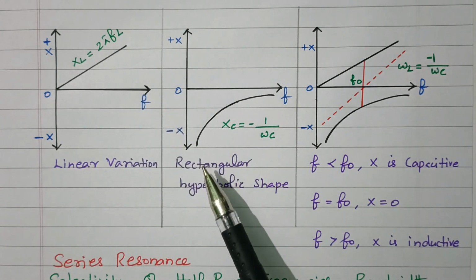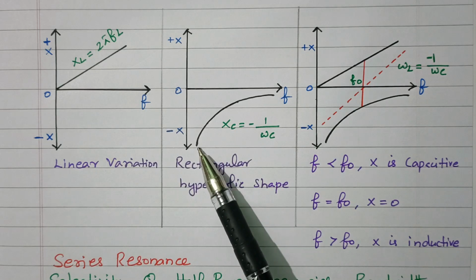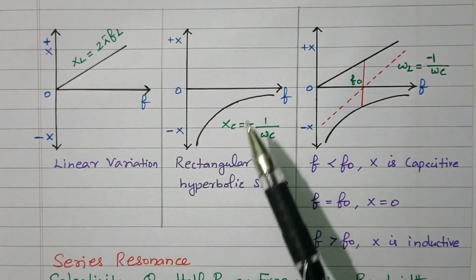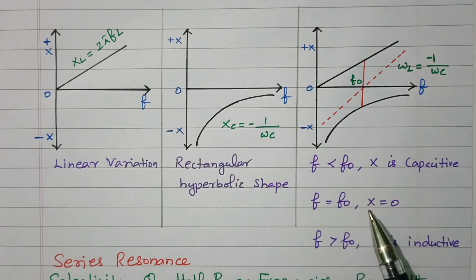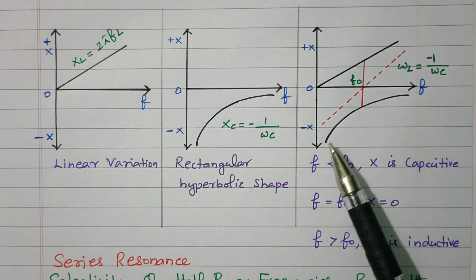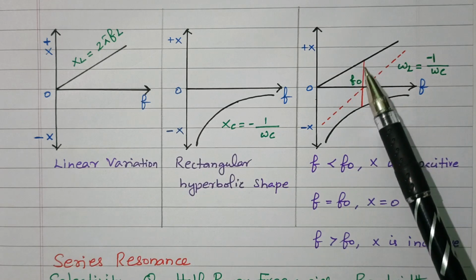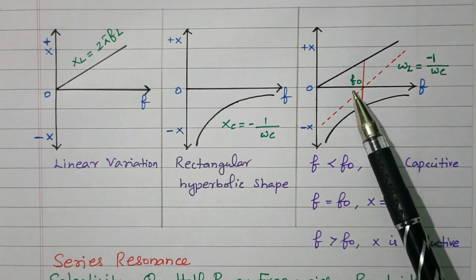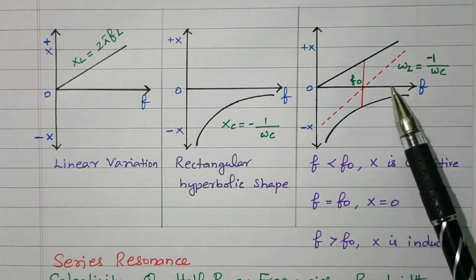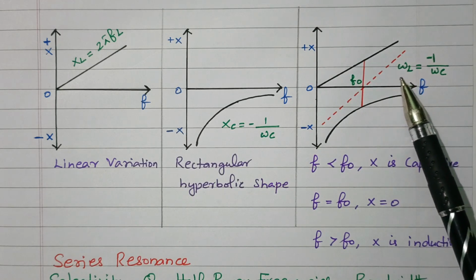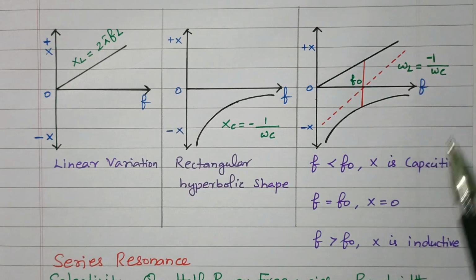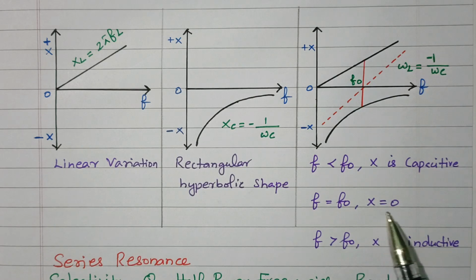If capacitive reactance is more, we get the rectangular hyperbolic shape. If both are equal, we have the linear variation as well as the rectangular hyperbolic shape. At this point, both are equal, that is called F naught. The capacitive reactance and inductive reactance are both equal and it becomes 0, X equal to 0.